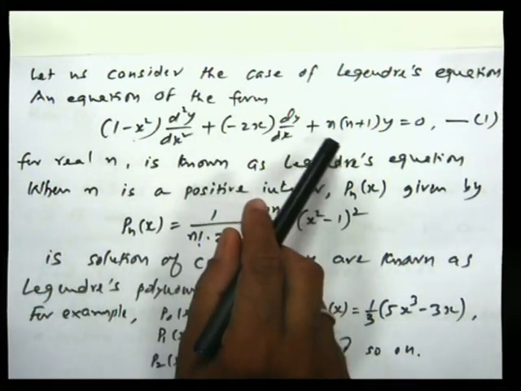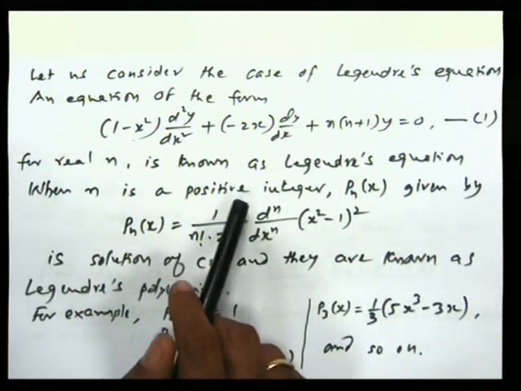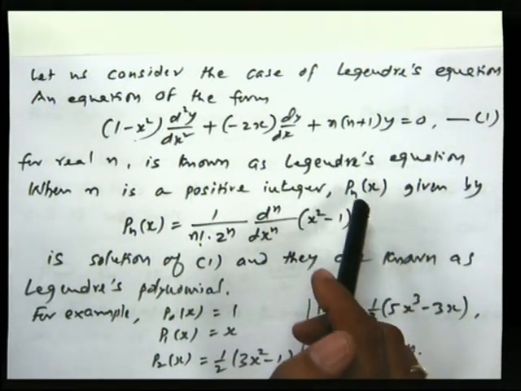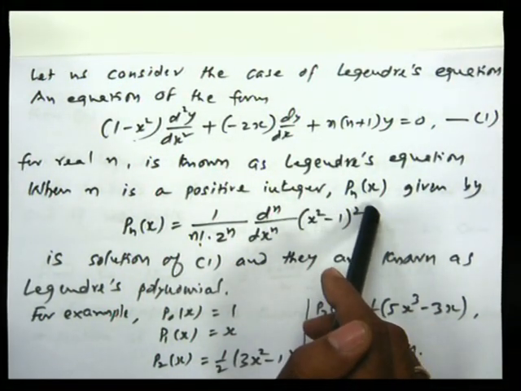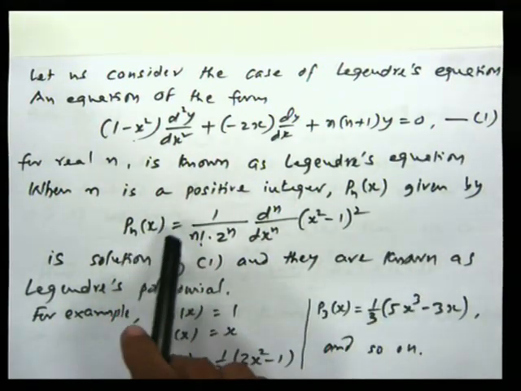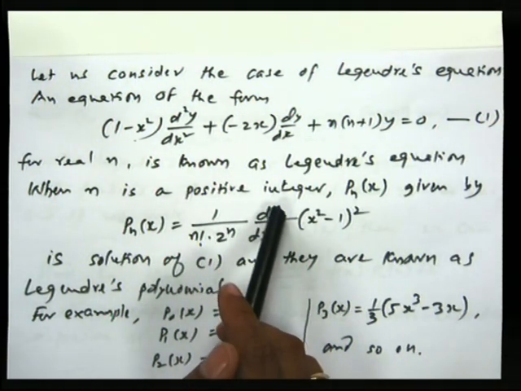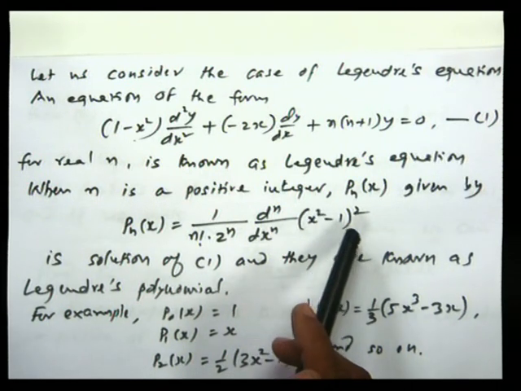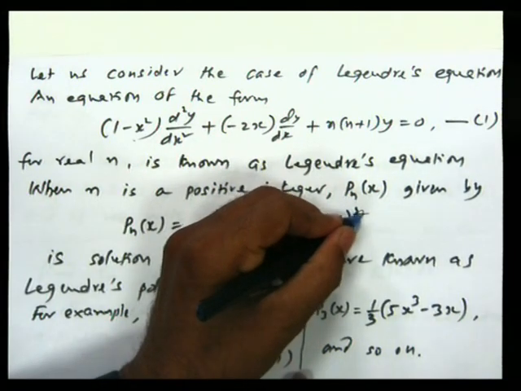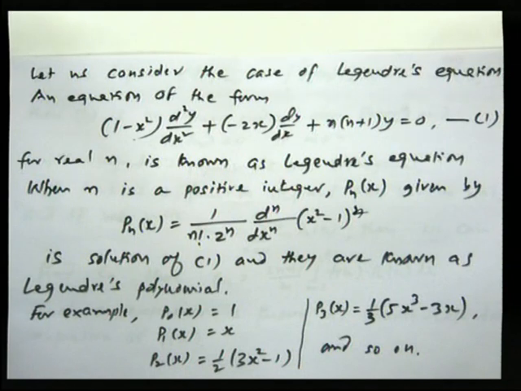Now if you solve this equation, taking the value of n as positive integers, what you get as a solution are polynomials. Those polynomials we represent as P_n(x), and they are given by the formula P_n(x) equals 1 upon factorial n times 2 raised to n, into the nth derivative of (x squared minus 1) raised to n with respect to x, right.